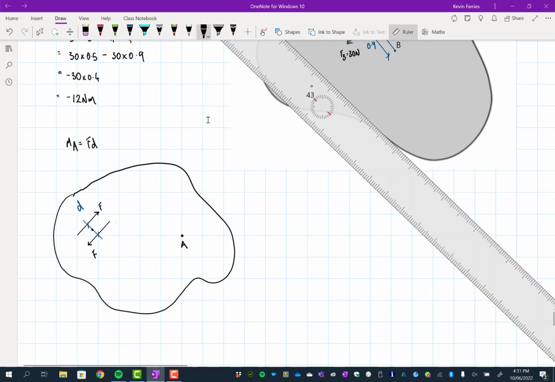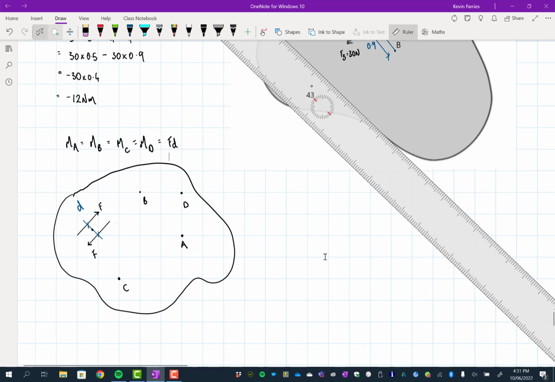And we also know that it doesn't matter what point you choose in this body that you're applying the couple to. If you calculate the moment, you'll get the same answer. So probably easier to write this as the moment at A is equal to the moment at B is equal to the moment at C equals the moment at D, which equals the force times the lever arm. And remember, it's just the force of one of these.